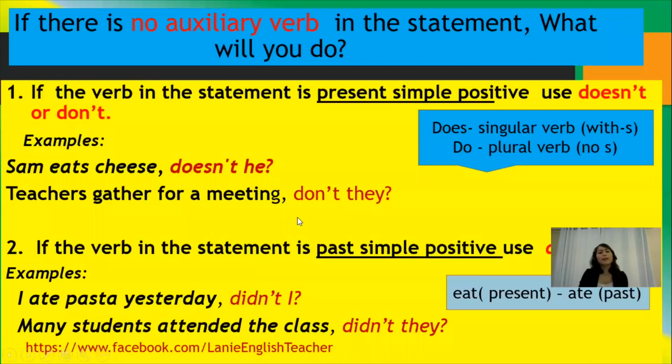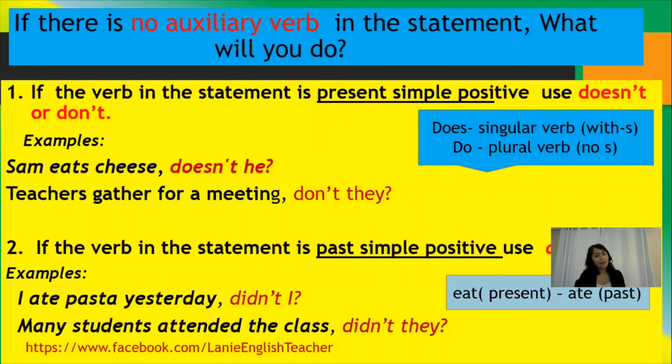Perfect. Now, what about if there is no auxiliary verb in the statement? What will you do? Now, first, if the verb in the statement is present simple positive, use doesn't or don't. Does for singular verb, you know how to identify singular verb.